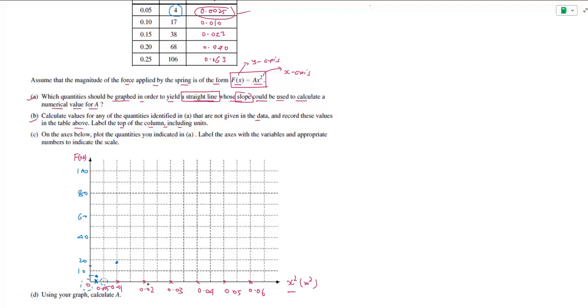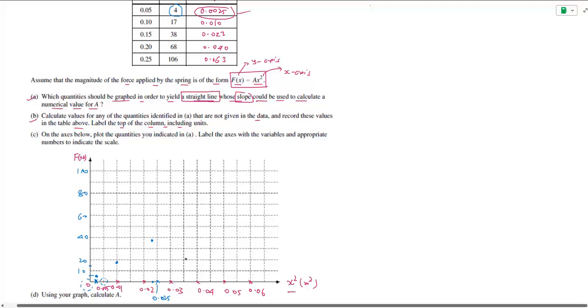Then 0.023 is somewhere more than 0.02, and we can take 0.025, and the corresponding value is 38, so it is less than 40, and the point must be somewhere here.